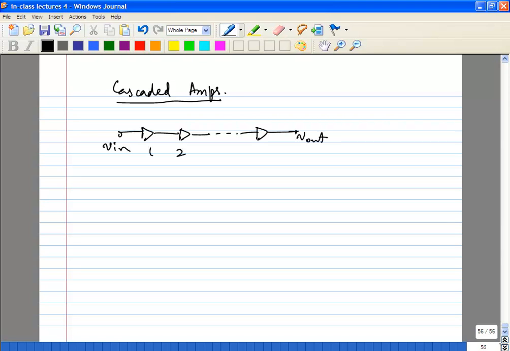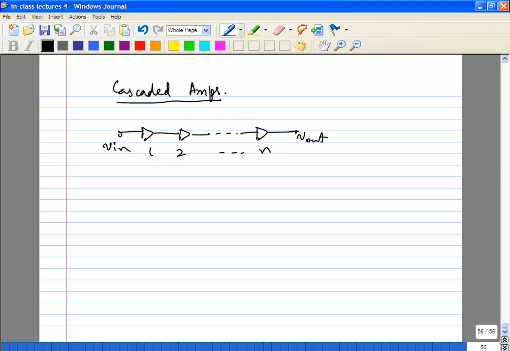So let's say we have n stages. We are going to find out the characteristics of an n stage cascade, in terms of gain, bandwidth and so on. The main reason we want to do that is, if you want to achieve a particular overall gain, what is the optimum number of stages, what is the optimum bandwidth of each stage; these are all things you need to know.